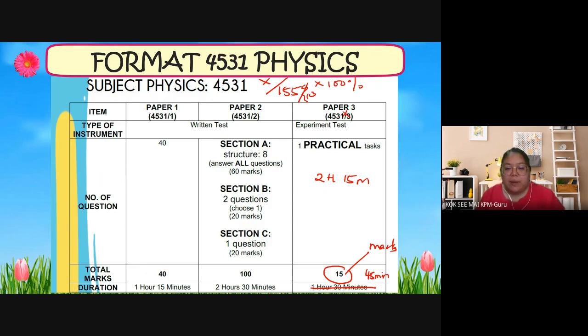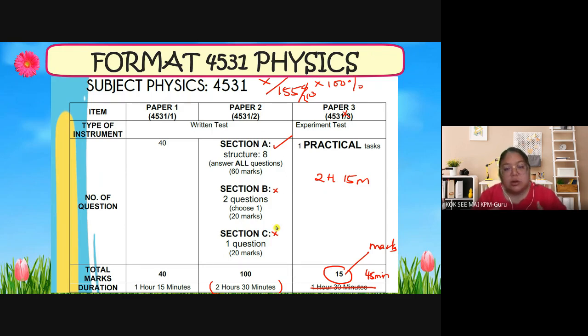Okay, so for paper 2, we take 2 hours 30 minutes. Okay, for paper 2, 我们比较长 2 hours 30 minutes to finish it. Okay, normally section A, you write inside the paper 啦，它会 provide 那个 space 给你去写。Okay, B 跟 C 是没有的。B 跟 C, that means you need to prepare the full scale paper.